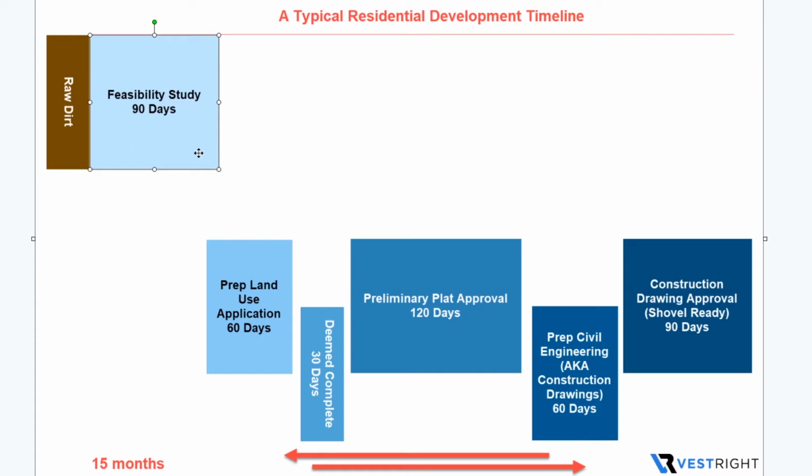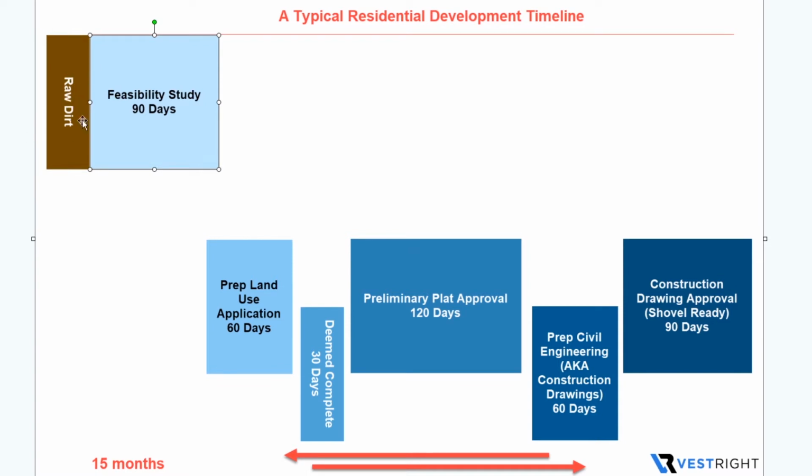The next thing that we need to do, well, let's talk about this feasibility study. First of all, the feasibility study is extremely important, and it is a developer's time to come in and do some studies to make sure this project is feasible. Remember, when we start, we just have a piece of raw dirt, and we might have some ideas of what we can do with it based on the zoning and a lot of different things that we teach you about in our course.